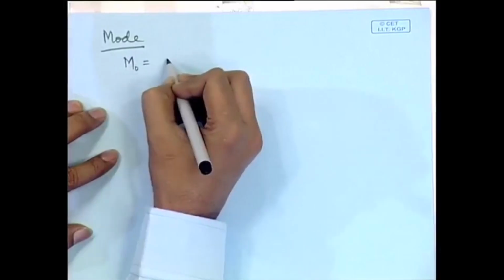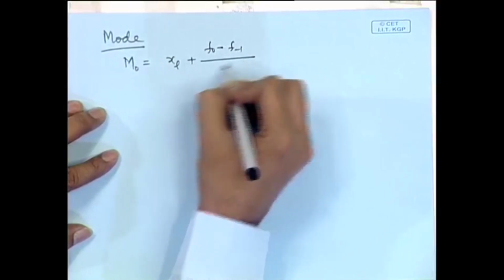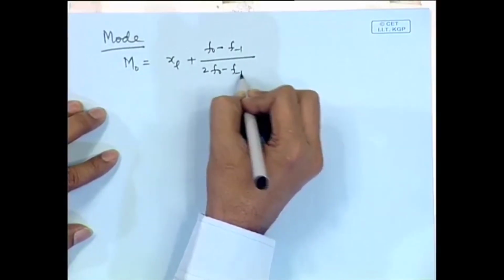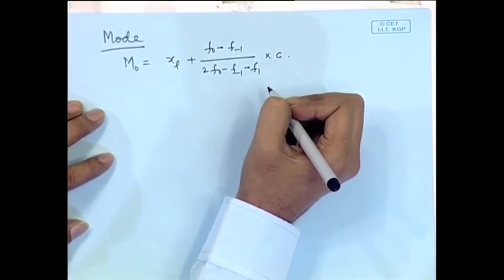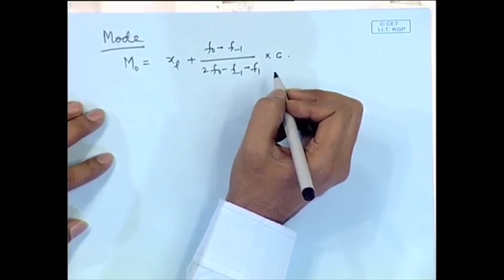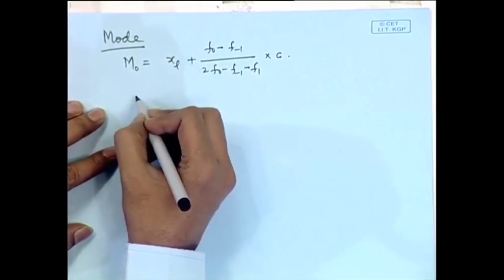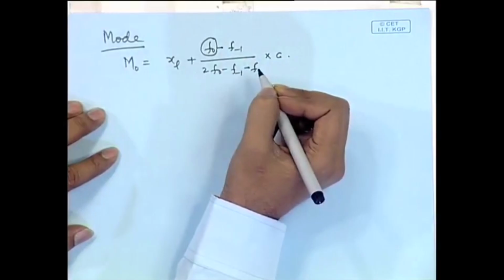However, once again, if I have frequency classification data in the form of class intervals, in that case we need a particular formula. That formula is given by: mode is equal to x L plus (f naught minus f of minus 1) divided by (twice f naught minus f of minus 1 minus f of 1), into C. So, what we do, we consider the class interval of maximum frequency, and f naught is the frequency of that class, that is called the modal class.